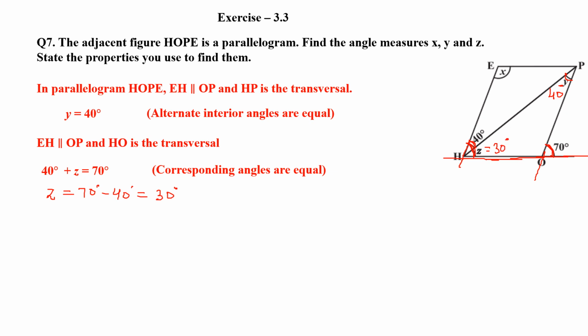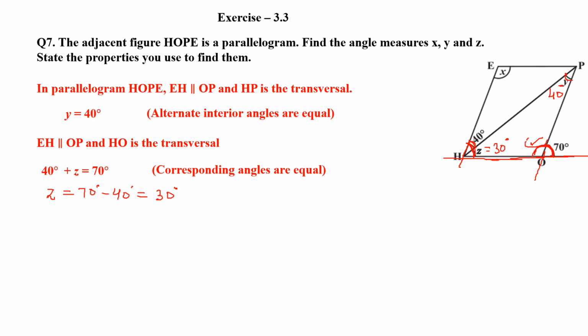Now I have to find the value for x. So what I can do is find this angle HOP, because HOP and this 70 degree both are forming a linear pair. Yes or no? If you see here clearly, both the angles are forming a linear pair. So why am I doing that? Because once I am able to find this angle, then I know that in a parallelogram opposite angles are equal.